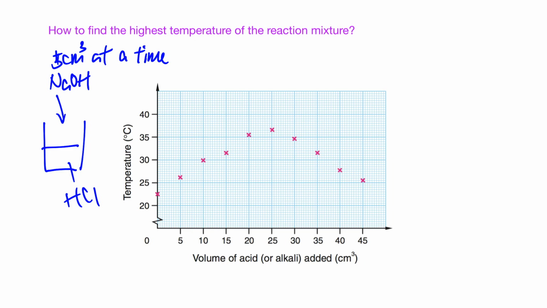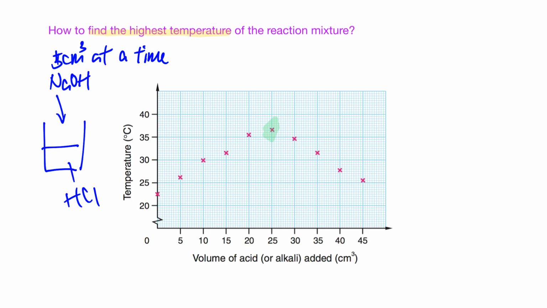The problem is, one of the techniques is how to find the highest temperature of the reaction mixture. When you look at these questions, you will very quickly say, oh, it must be this one, that is the highest point, say for example 35.4 cm cube.